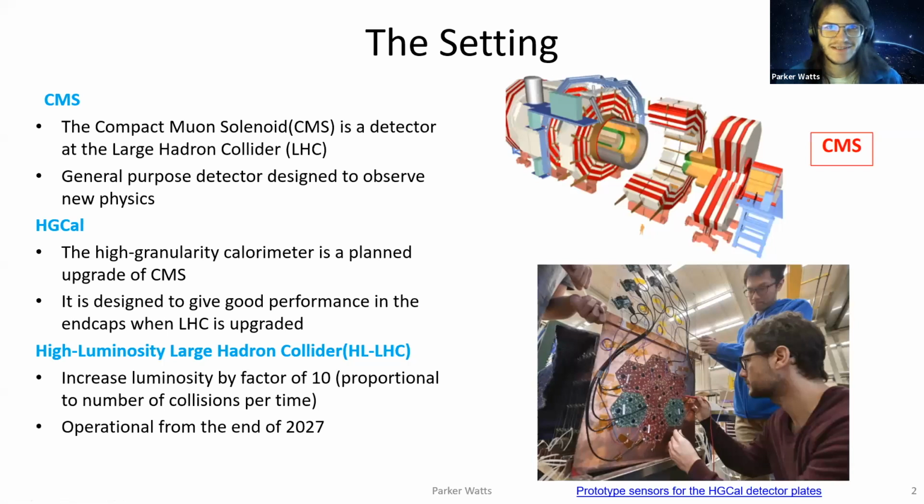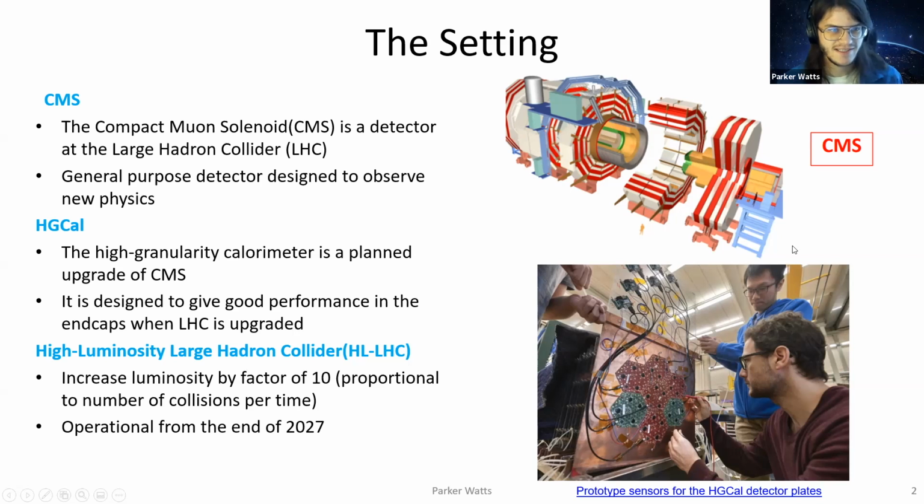Okay, so I'm just going to explain some background here because I used a lot of words in the title. The CMS is the Compact Muon Solenoid, a detector at the Large Hadron Collider. It's a general purpose detector designed to observe new physics. The HGCal is a planned upgrade of this detector. On the bottom right, you can see prototype sensors for this upgrade.